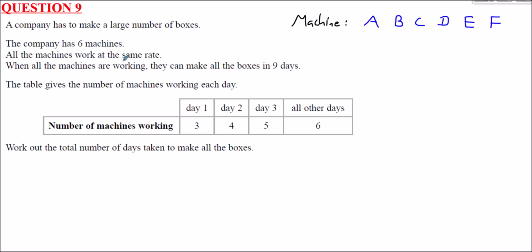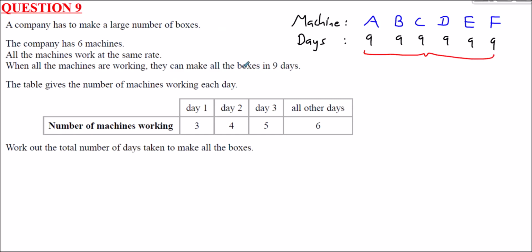When all the machines are working, they can make all the boxes in 9 days. So again, think about all these machines. If each of them worked 9 days, that's 9 days for 6 machines.